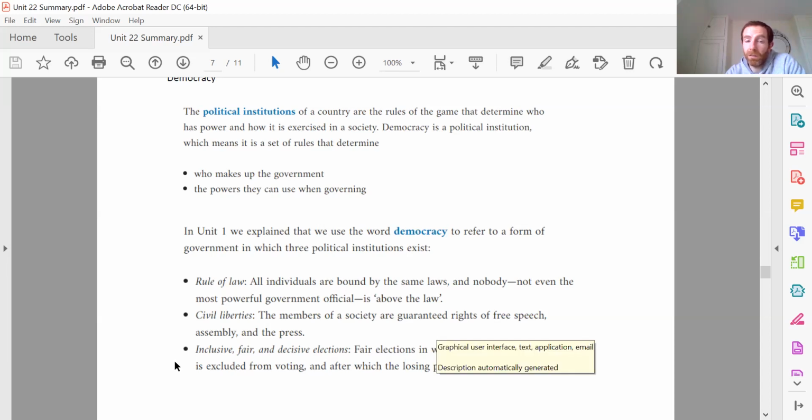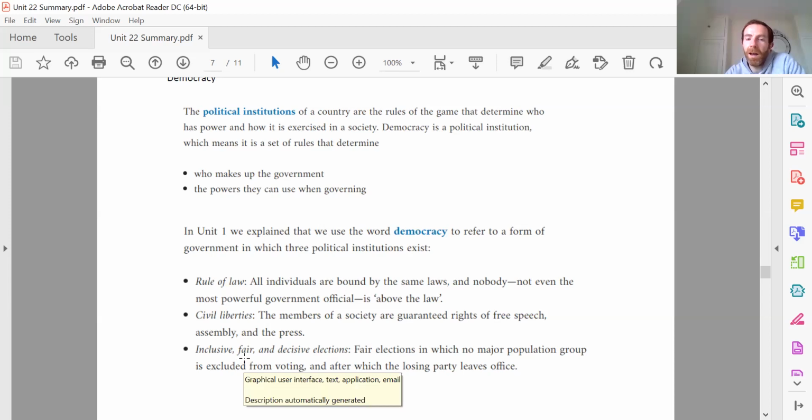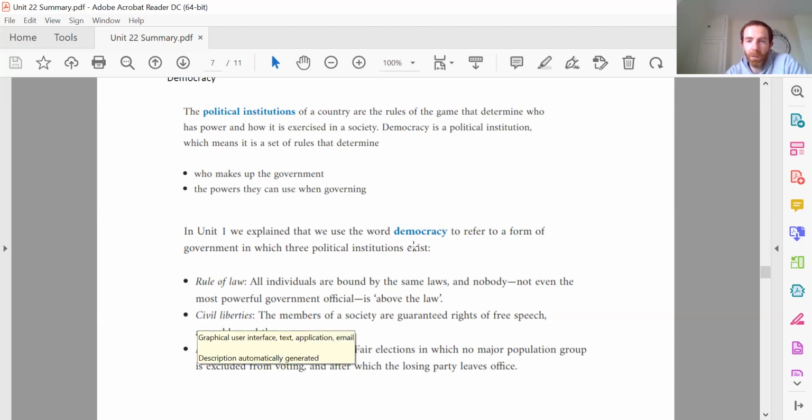And then we've got elections that are inclusive, where very few people are excluded from voting, fair, where your vote gets counted, and decisive, as in when a new party gets the most votes, they come into power. There is actually a changeover of power. So those three institutions define what we mean by democracy.